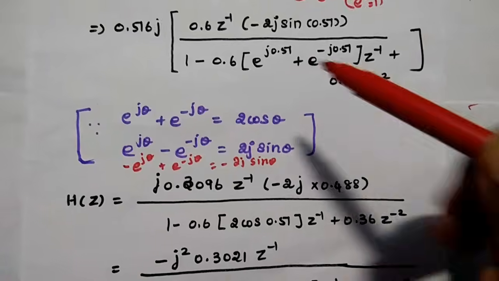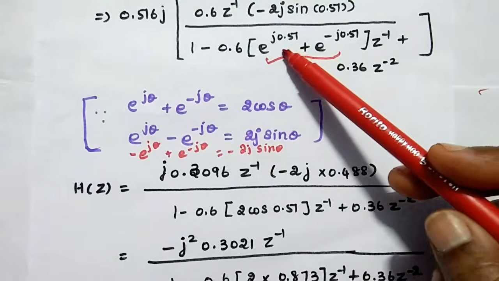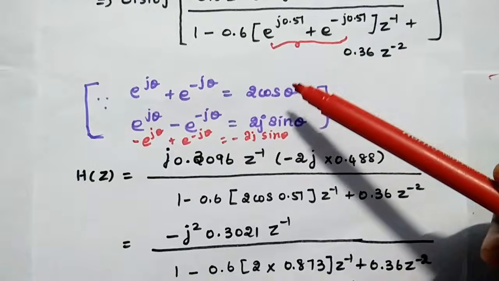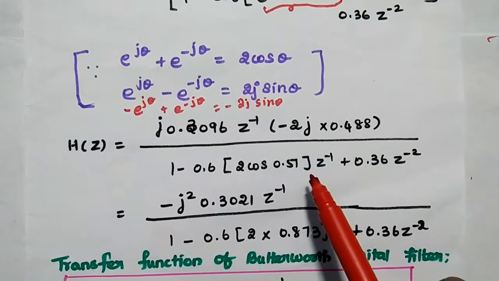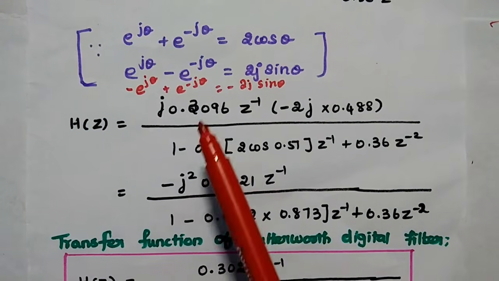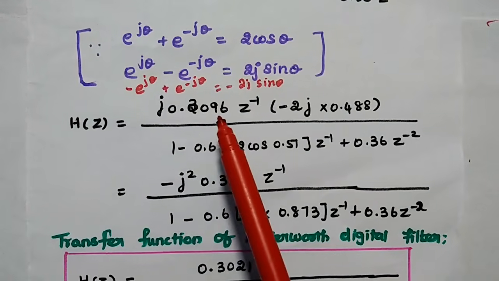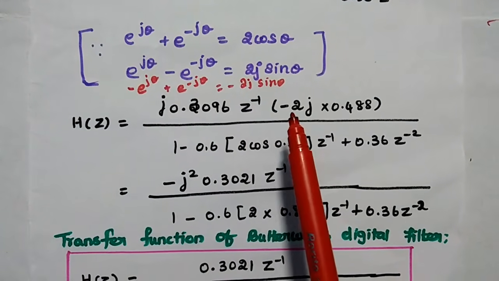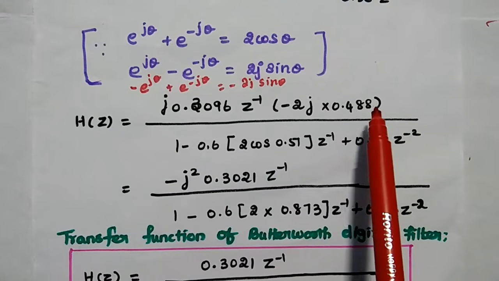In the next step, we have to simplify this denominator like this. That is e power j theta plus e power minus j theta is equal to 2 cos theta, that is 2 cos 0.51. Okay. So in the next step, we multiply all the terms inside. So here it is j 0.3096 z power minus 1 multiplied with minus 2j 0.488.